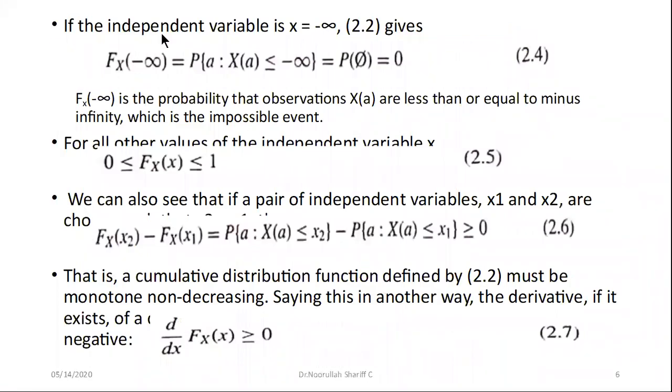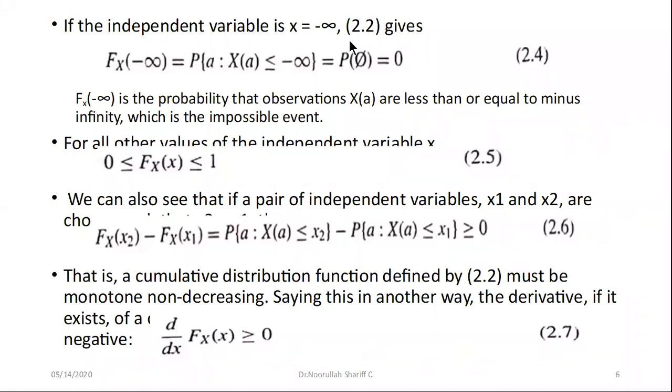If the independent variable is x equal to minus infinity, then Fx of minus infinity is equal to the probability that X(A) is less than or equal to minus infinity. That gives us the value 0, the null value.